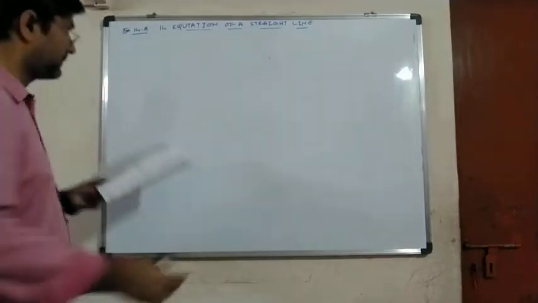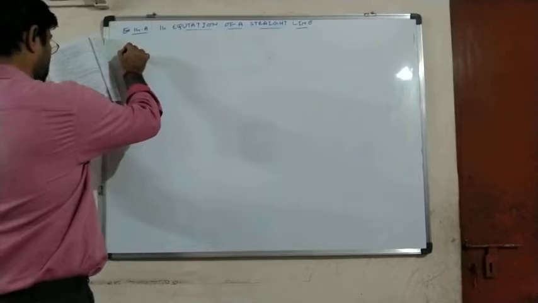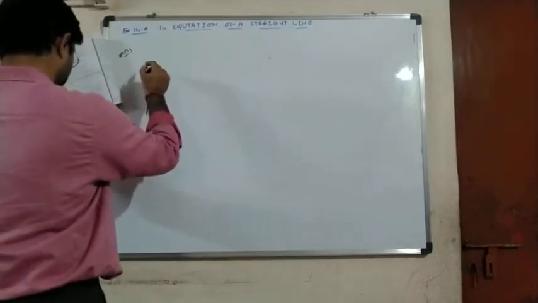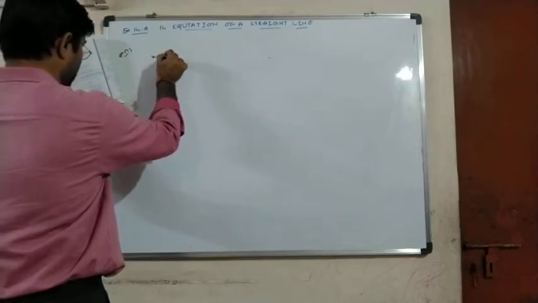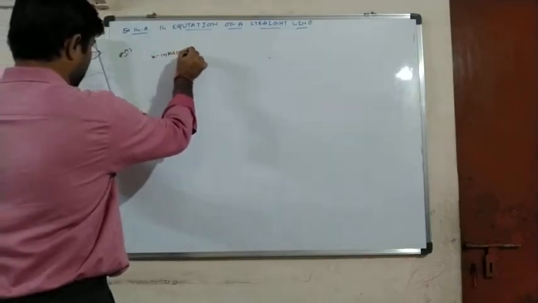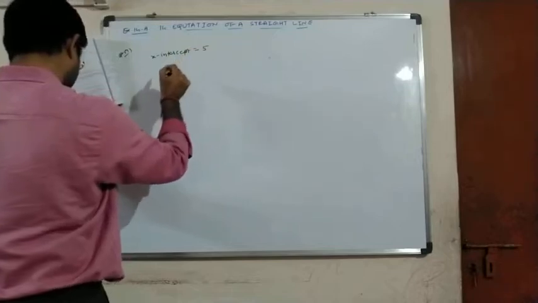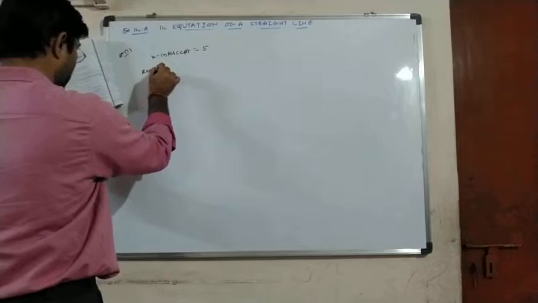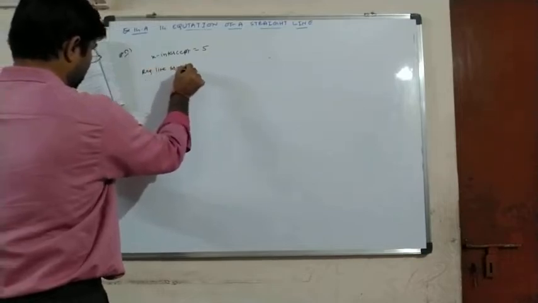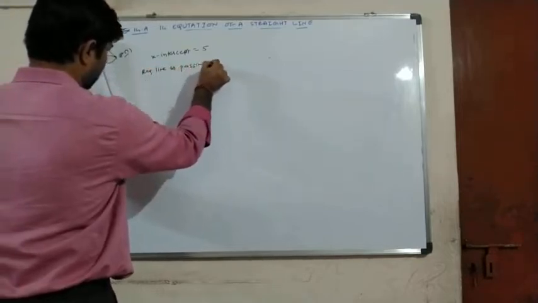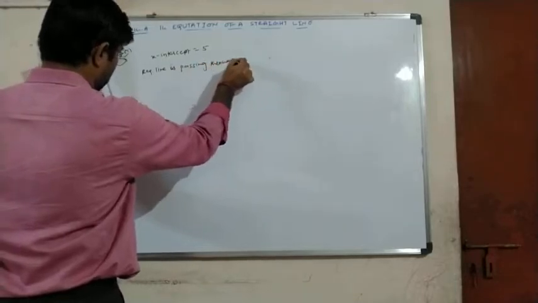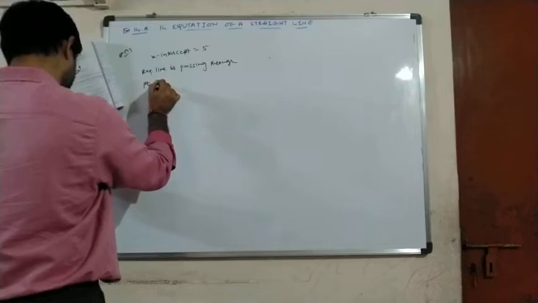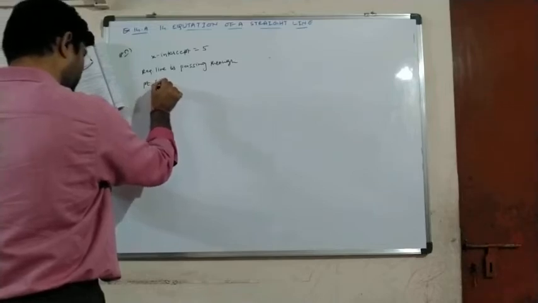Find the equation of a line with x-intercept 5, and the required line is passing through the point (4, -3).